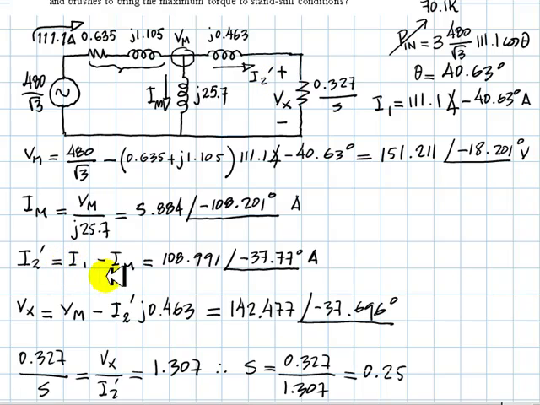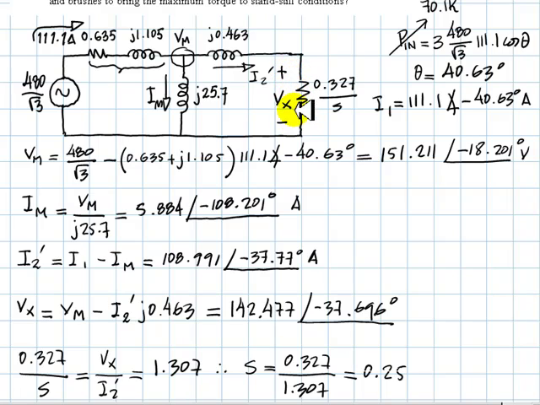Current of the stator minus magnetization is 109 amps and some phase. That is that current. Now, the actual voltage in here, Vx, is Vm minus this drop in this reactor. Vm minus that current that we just computed times the reactor j0.463, that is 142.5 volts, right here, Vx.